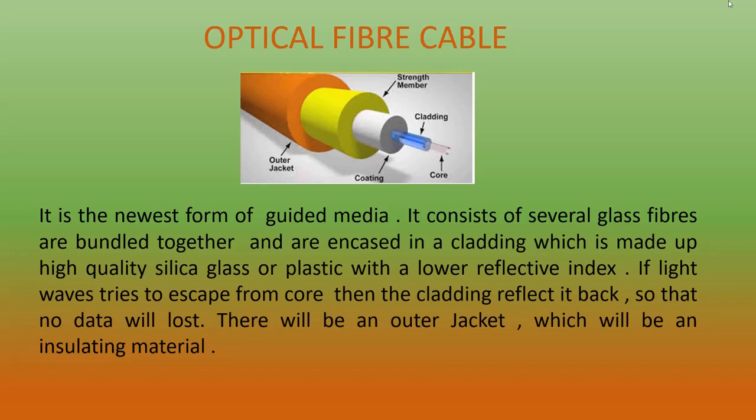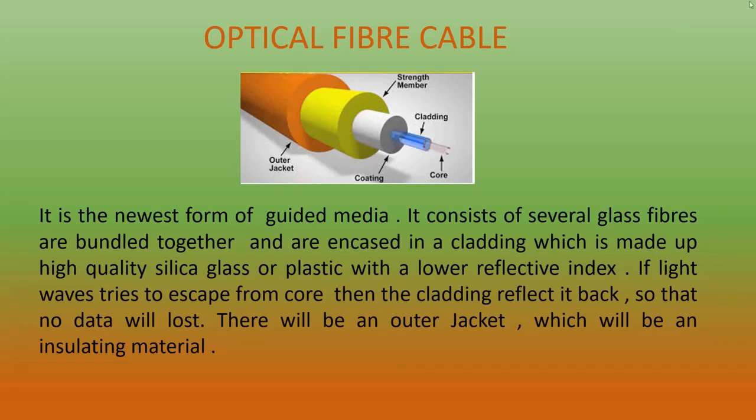That core is placed inside a cladding, which is made up of a silica material. If the signal transmitting through the core escapes, it touches that reflective material and is reflected back to the core itself.